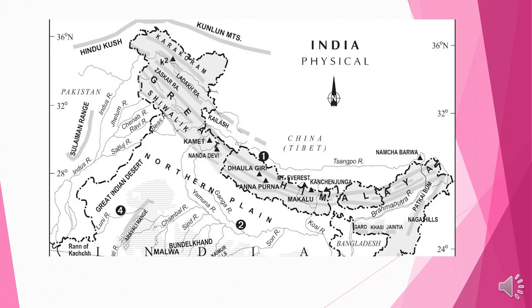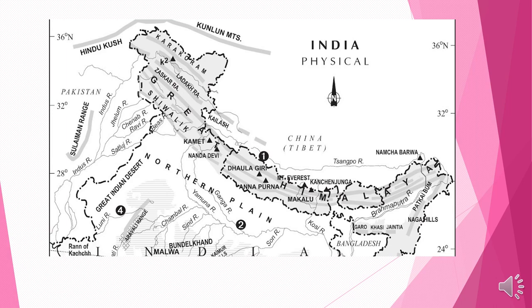On the basis of rivers, the Himalaya are divided into four regions. The area covered from the Indus to the Satluj river, including the Indus, Jhelum, Chenab, Ravi and Satluj, is called the Punjab Himalaya.